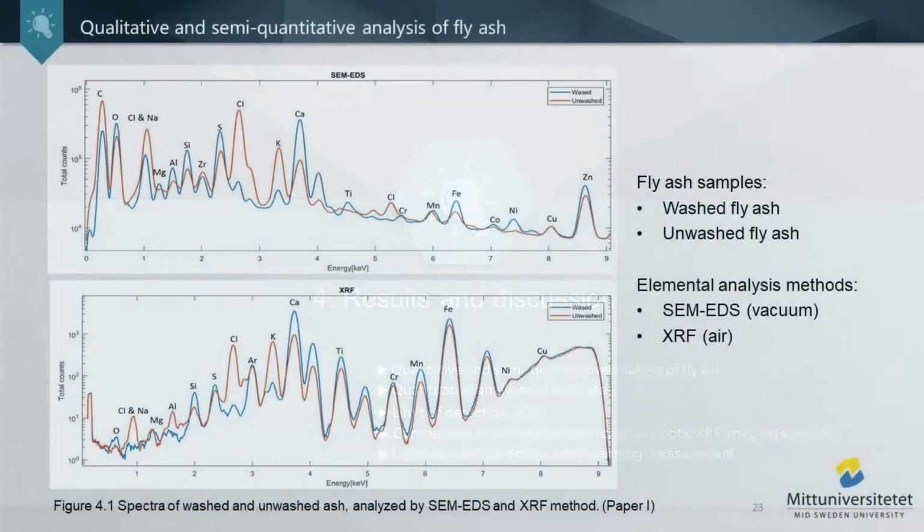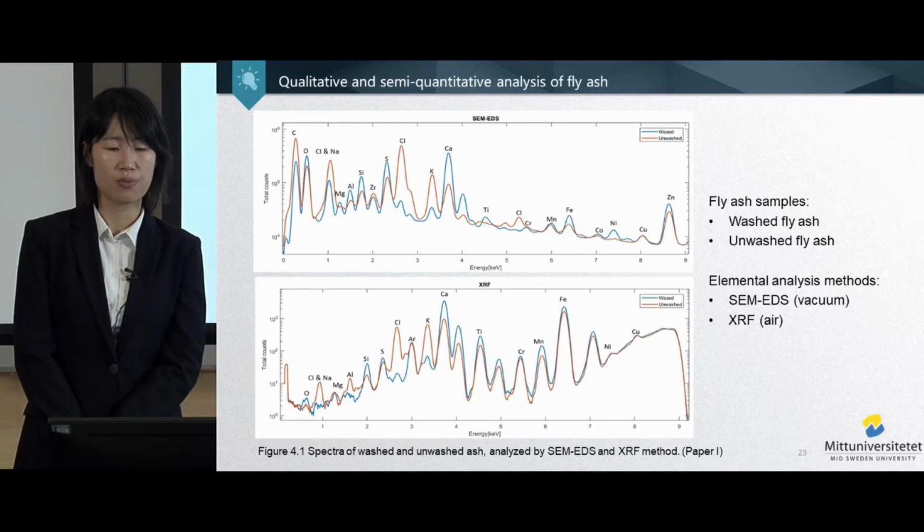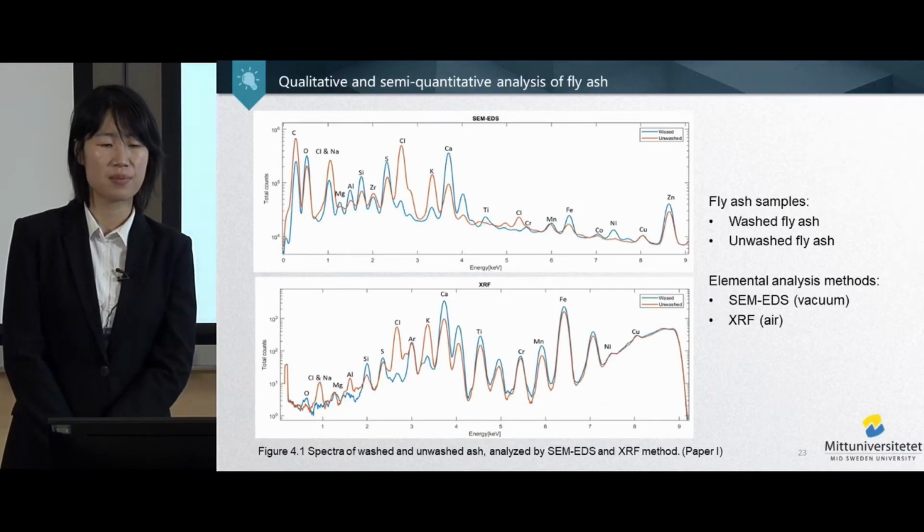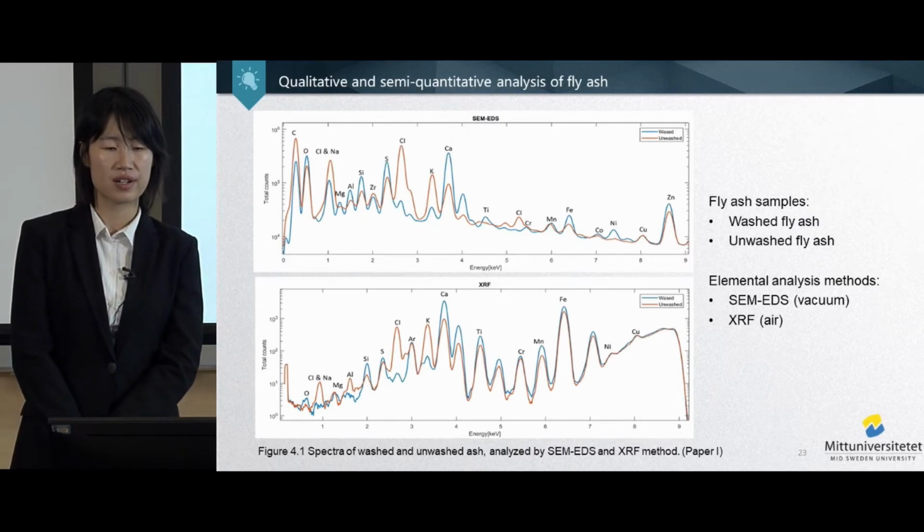So we compared the qualitative and semi-quantitative analysis of the XRF method and the SEM EDS method. These two methods are similar, and in the XRF measurement, an X-ray tube was used, while in the SEM EDS, an electron gun was used to generate the fluorescence of the sample.